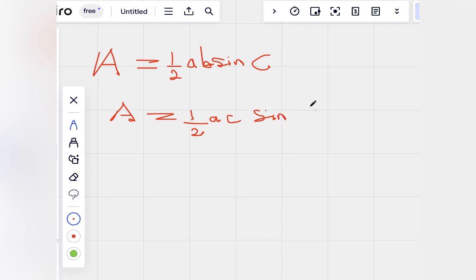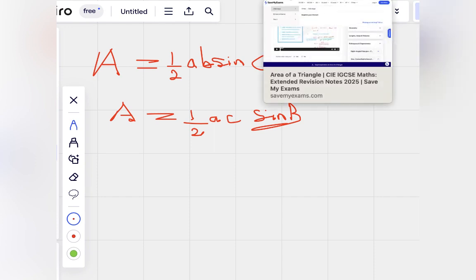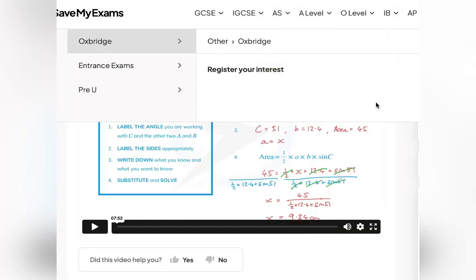This one is sine B. If you're using a and b, the small letter sides, then the angle will be the capital letter. The third one will be the angle as a capital letter. So this is what we do when we're doing the area of a triangle in trigonometry.